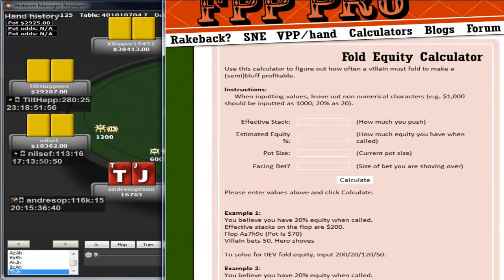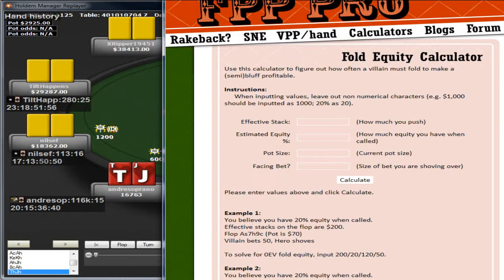This is available on a website called fpppro.com, which is owned, I believe, by people who are trying to give advice on how to become Supernova Elite on PokerStars. What are the steps, the limit at each limit that you play? What is the volume that you should play? If you play singles, you play this limit in singles, you should play this volume every day, blah blah blah, in order to acquire enough points to become Supernova Elite, blah blah blah.